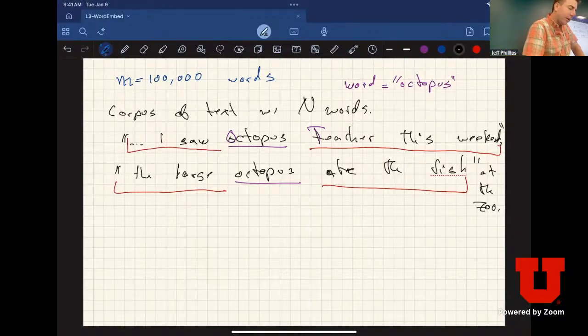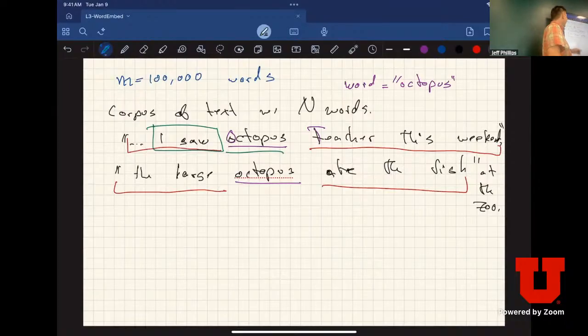And so this is the context of the word octopus. You can imagine that if I saw octopus, that might mean that octopus is either an adjective of something or a noun itself, or somehow the subject is after here.